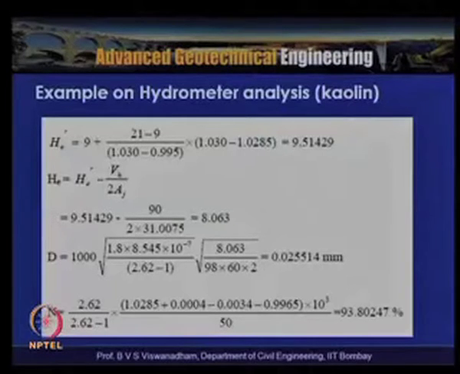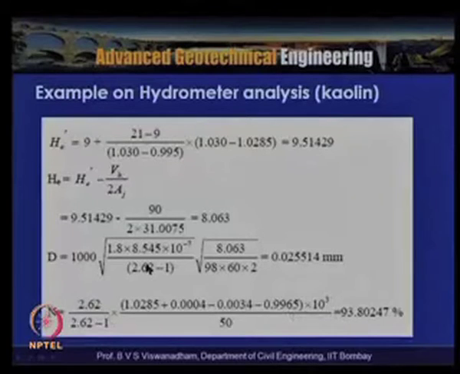Now, substituting in the expression shown in the previous slide, D is equal to 1000 into 1.8 into 8.545 into 10 to the power minus 7 divided by the specific gravity minus 1, that is 2.62 minus 1, into square root of 8.063 divided by 98 into 60 into 2, which gives a particle size of 0.0255 mm. With this you can calculate N dash, which is obtained as about 93%.